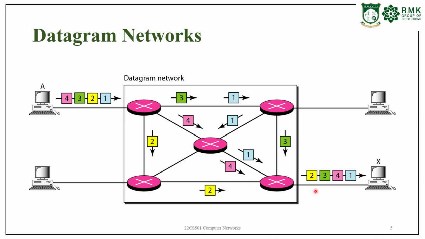So using the sequence number only, the datagrams are rearranged. So here A transmits the data to X. Here 5 routers are used to transmit the data. Any one of the paths, that is all the paths, are used to transmit the data.